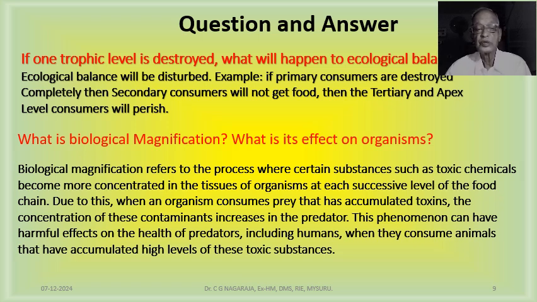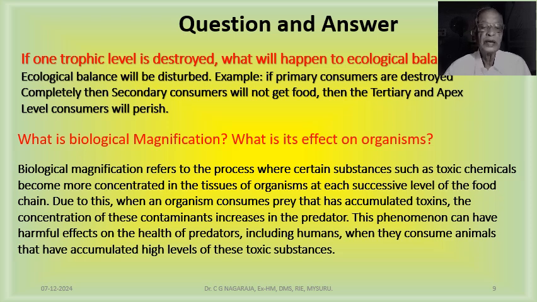What is biological magnification? This is another question you must be able to understand. Biological magnification refers to the process where certain substances such as toxic chemicals like DDT become more concentrated in the tissues of organisms at each successive level of the food chain.